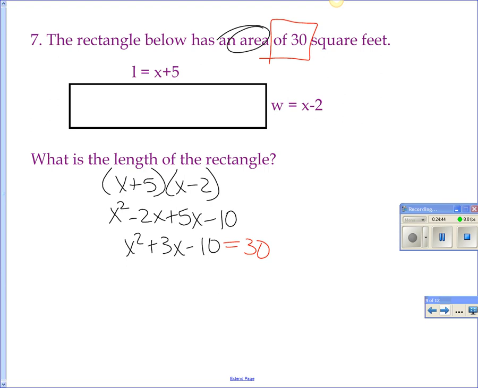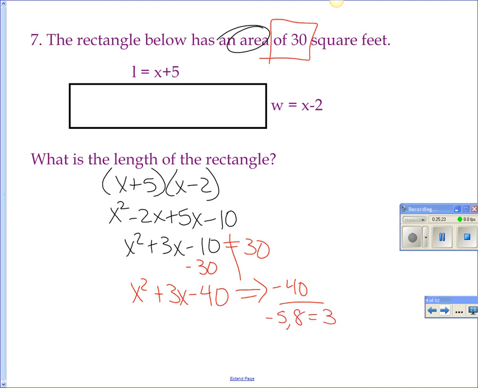Samaria, what would you do next? Very good. All right, Chase, what's that going to give us? LeVar, what would you do next? Riley M, something that multiplies to give you negative 40. One of them needs to be negative, which one? Negative 5. That would give us positive 3.